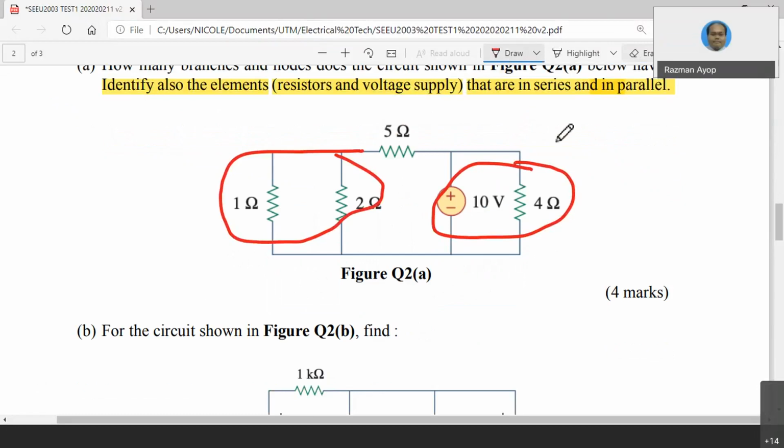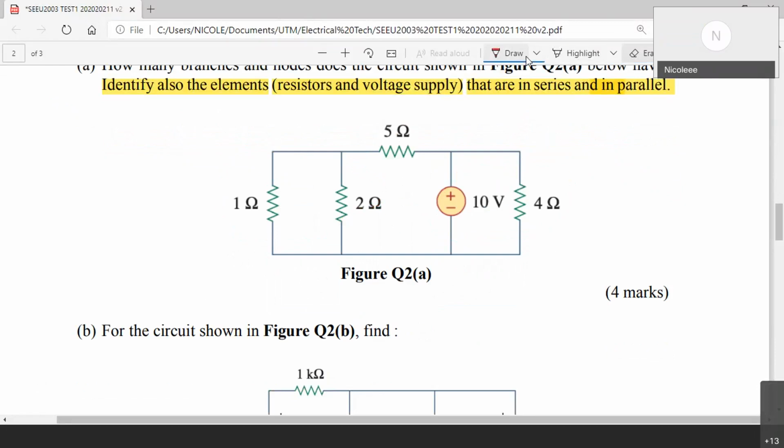Yes, correct. But why isn't this considered series? Because it's only one. In series, you need at least two components.